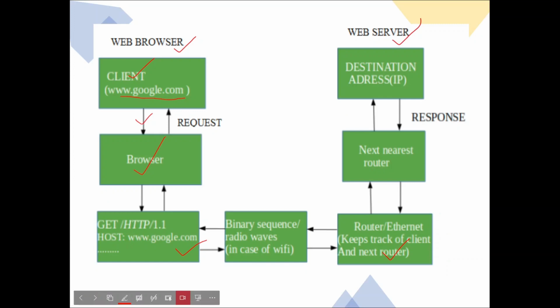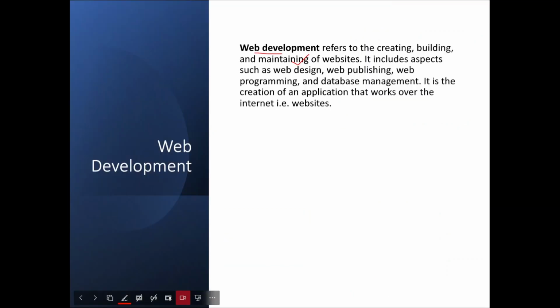Now web development refers to the process of creating, building, and maintaining those websites. It includes the aspects of web designing, web publishing, web programming, and database management. Also, how we are going to do this, all these things you are going to learn in future videos, right? Now web is nothing but a web page or a website or anything that works over the internet.